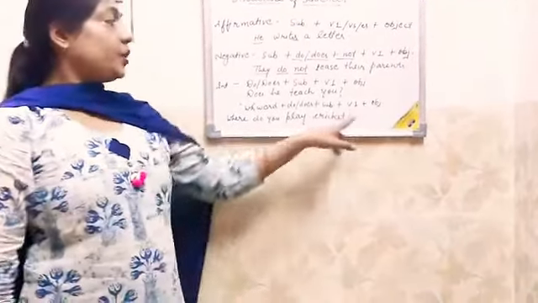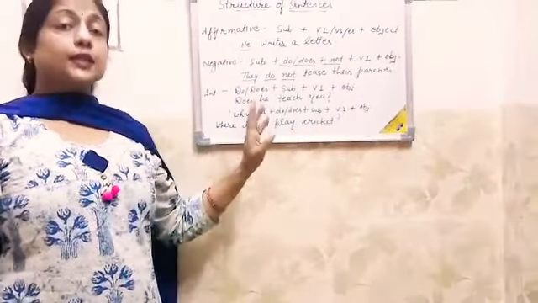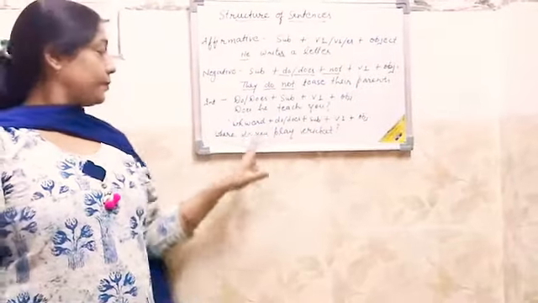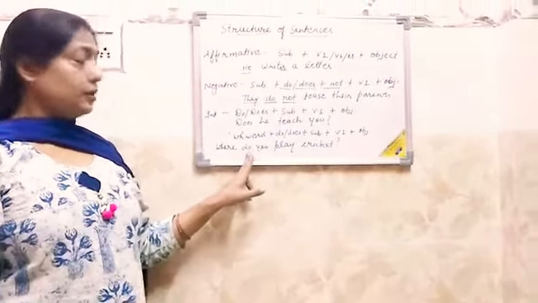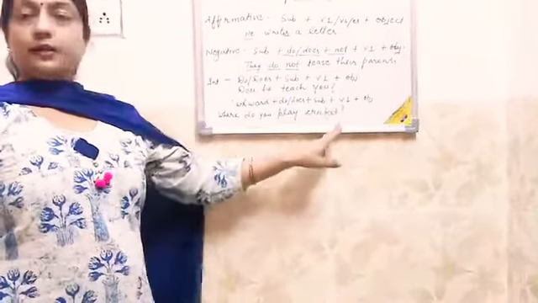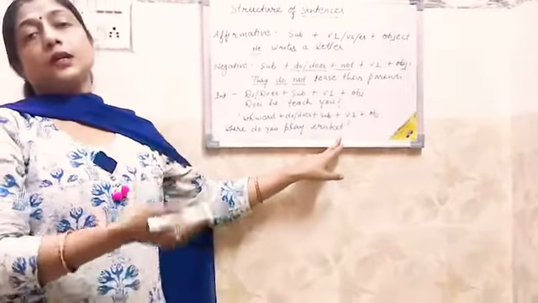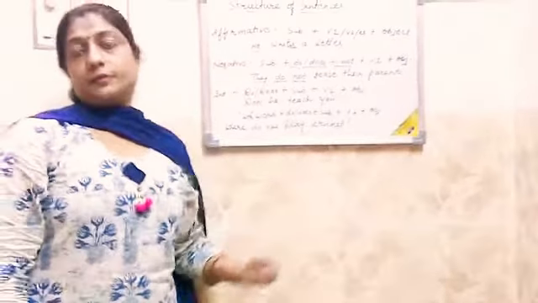That is why we don't use S or ES with does. Where do you play cricket? So the WH word is there. Do you play cricket? So this is the structure of simple present tense.